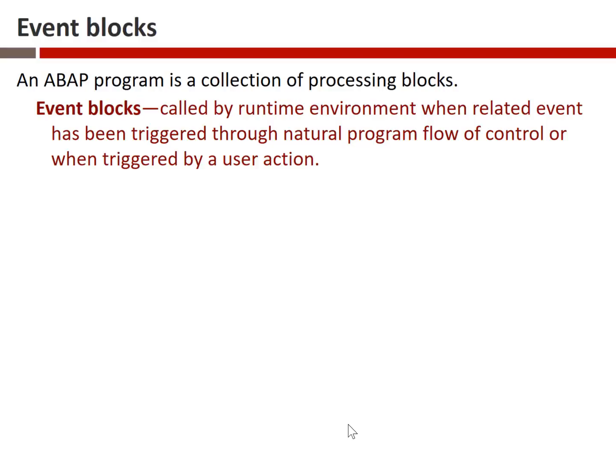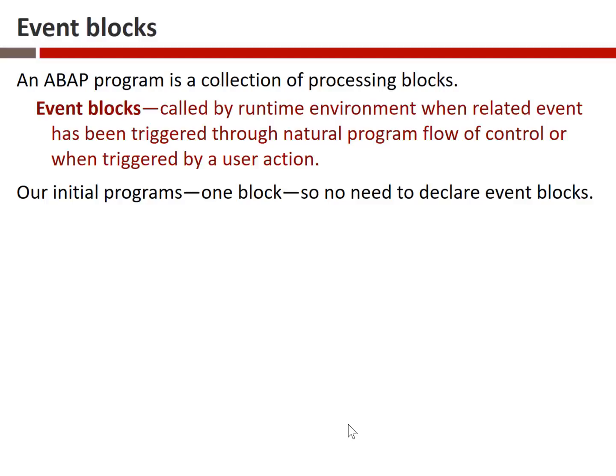But the idea behind an event block is this is something that gets called by the runtime environment when either the user triggers something to happen, or, in the life of our program, certain predefined event blocks occur. We'll start with that latter scenario.